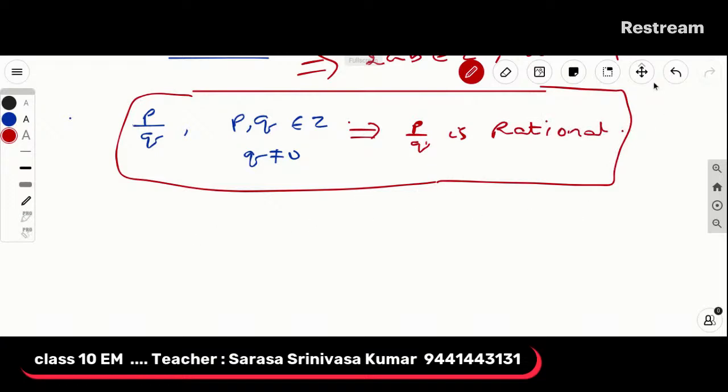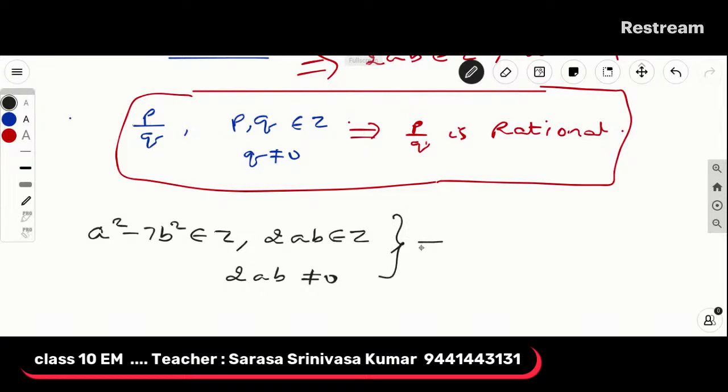So using this formula, we can write a square minus 7b square is an integer, 2ab is an integer, and 2ab is not equal to 0.